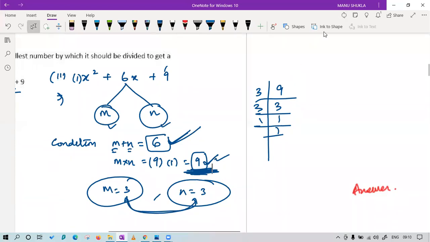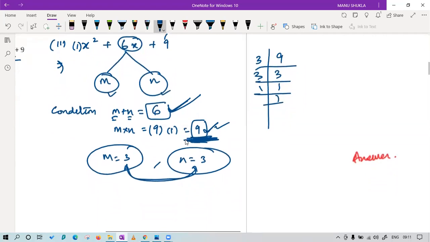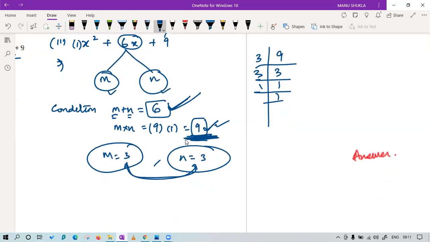So Prisha, now I can write this 6x as x square plus 3x plus 3x plus 9.